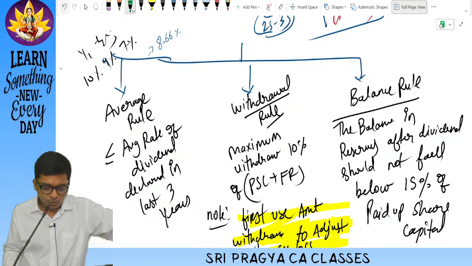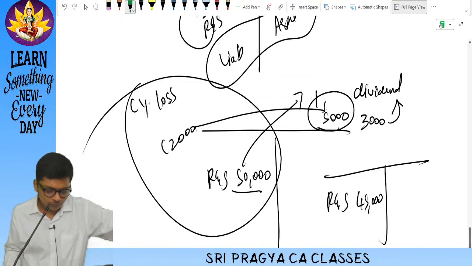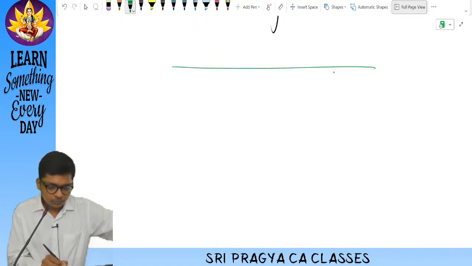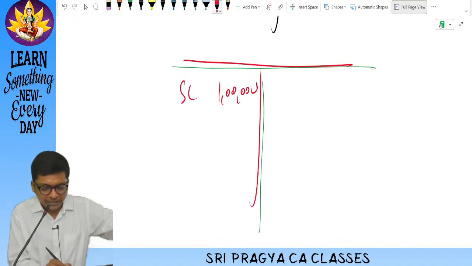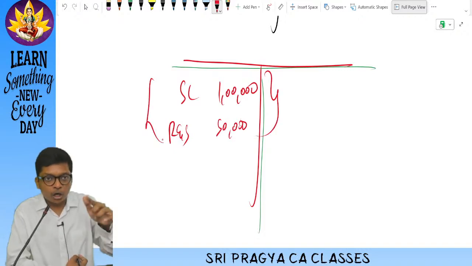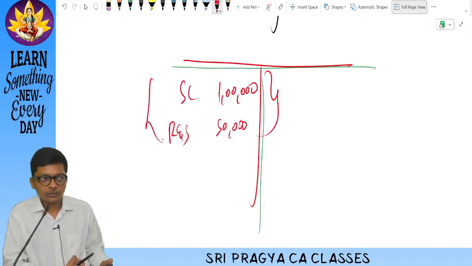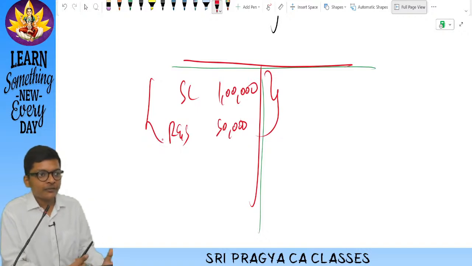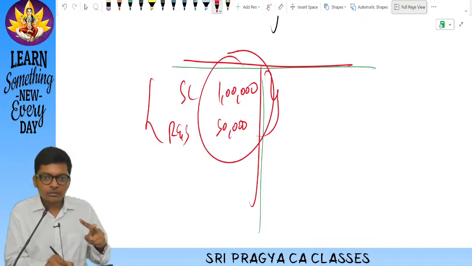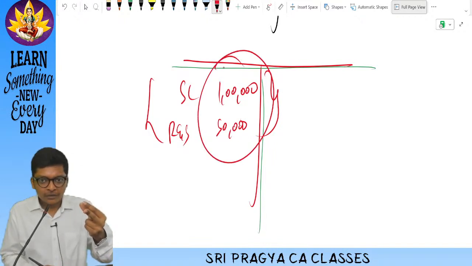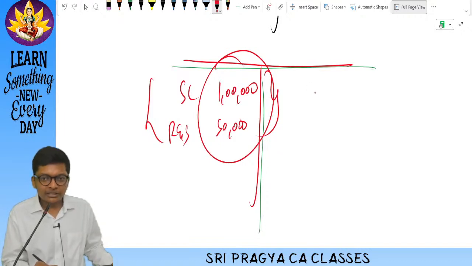That means I'll give you a number. Look at this. Once dividend is declared, if share capital is 1 lakh and reserves and surplus is 50,000, how much can I withdraw? Rule 2. 10% of both together, so 10% of 1 lakh plus 50,000. So I can withdraw 15,000.